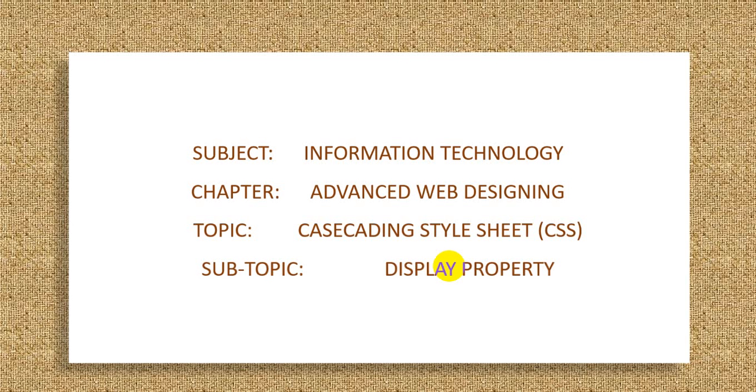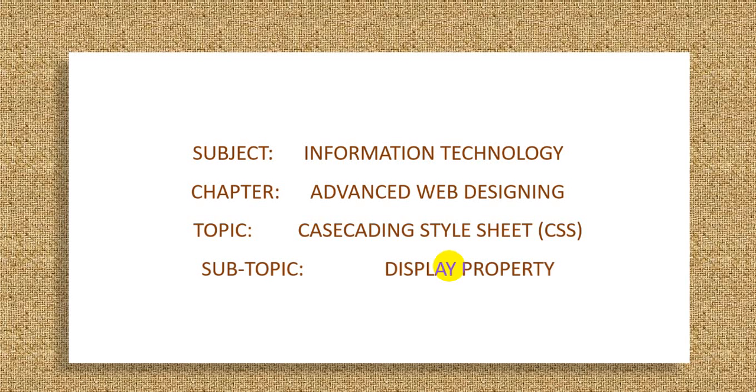For example, every time you use an h1 tag, h2 tag, h3 tag, up to h6, it will display on a new line because it will generate a block, and inside that block this element will display.